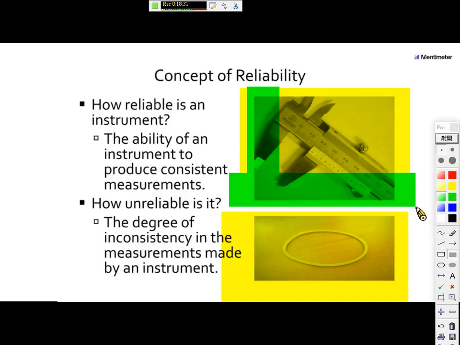So you never choose a tool that is very reliable but not valid for your data collection. For example, if I want to collect height and I use a weight scale, it is not valid, but it can produce very reliable measurements. Because every time I measure, I will get a very consistent number.